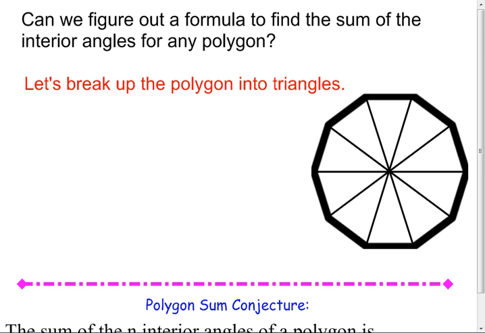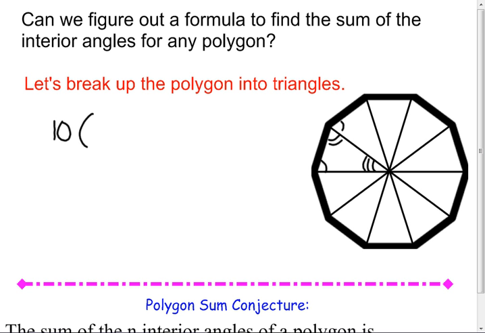Okay, I'm going to take that polygon and make up triangles with it. How many triangles are there? Zach, how many triangles are there? 10. There's 10 triangles, and there's 180 degrees in each triangle. But keep in mind, that's adding this angle and this angle. So if I add up all of them, I'm going to get more than just these angles here on these edges.